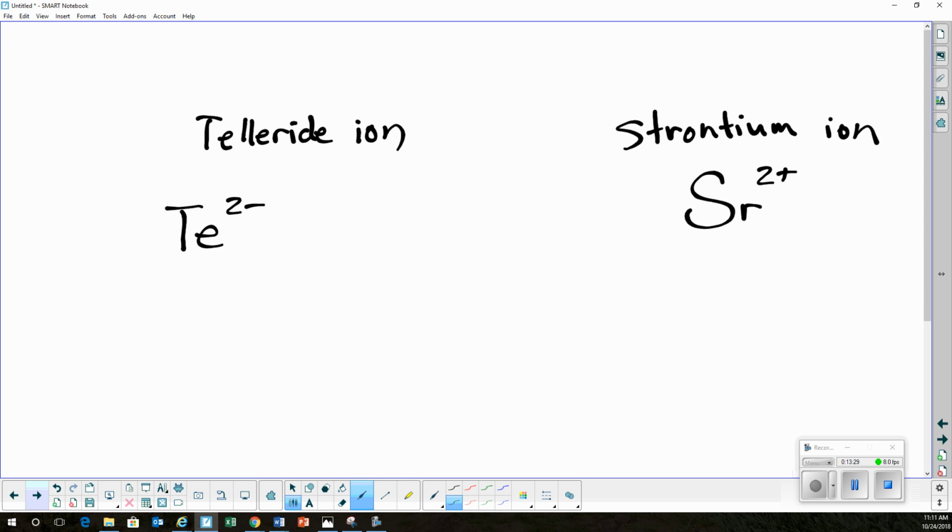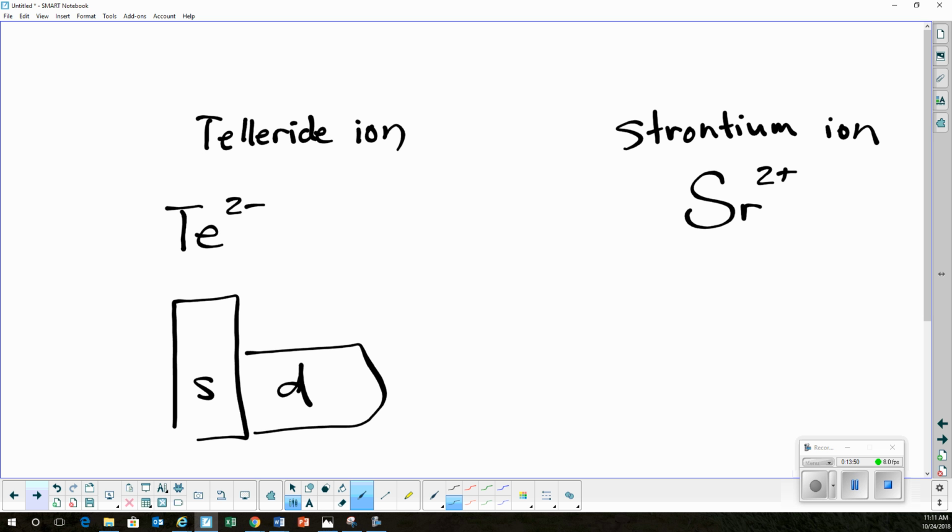Now, she'll probably just stay in the A's, which are the S and the P. Okay, why wouldn't she go to the D or the F? There's lots of different charges, right, for that. Okay, you need to be able to predict given the group numbers. So as we look at the periodic table, this was our S block, here's our D block, and here's our P block, and then the F block.